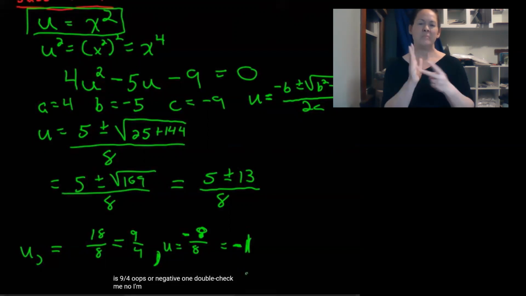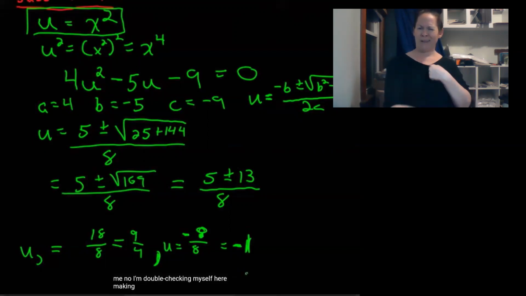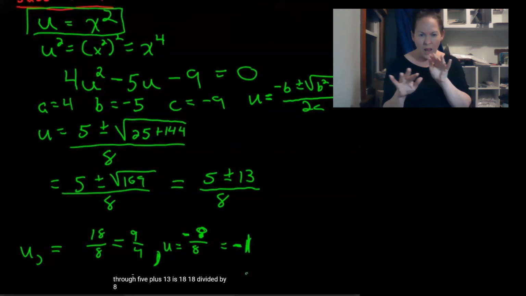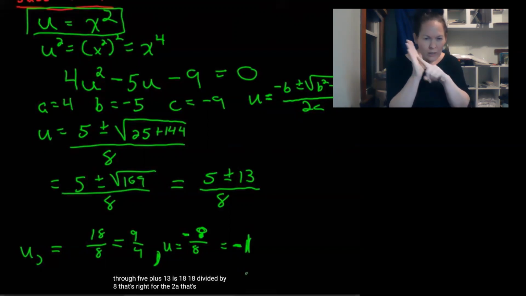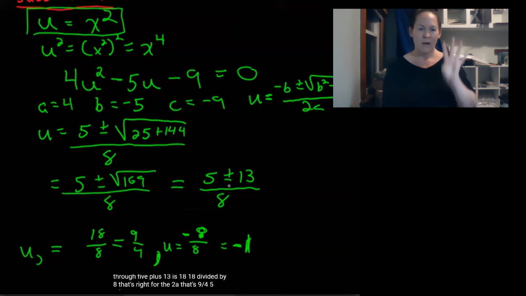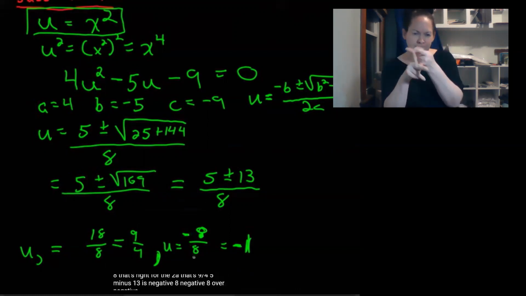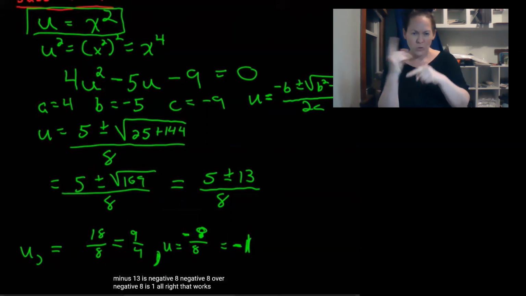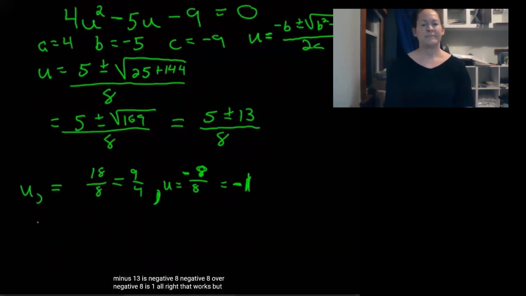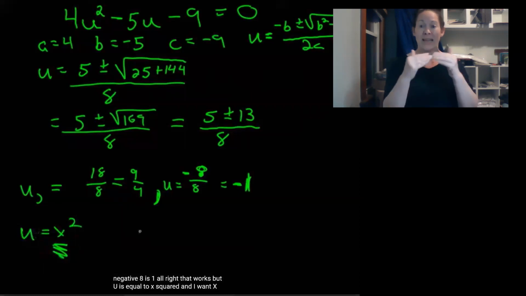Double check me. I'm double checking myself here, making sure that all of these add through. 5 plus 13 is 18. 18 divided by 8, that's right for the 2a, that's 9/4. 5 minus 13 is negative 8. Negative 8 over 8 is negative 1. Alright, that works. But u is equal to x squared, and I want x.